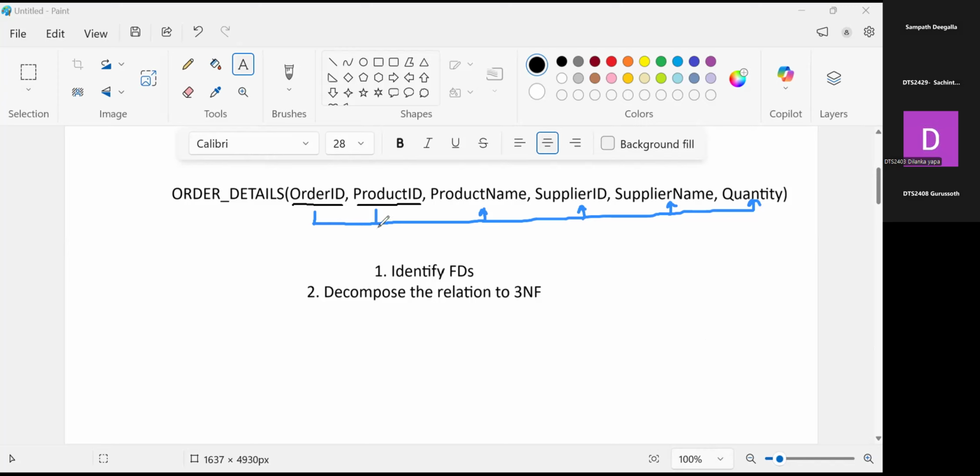So in this particular case, we can also notice, using product ID, we can determine the product name and maybe the supply ID as well. But using supply ID, we can identify the supply name.